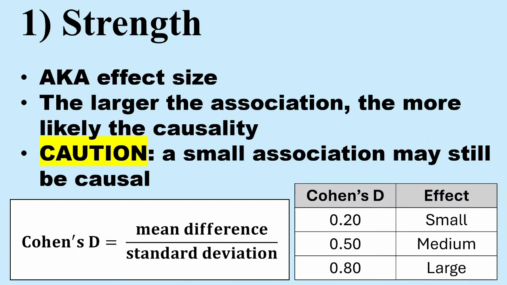A lot of times you calculate effect size for things like power analysis, to see how many samples you need to detect an effect if it's really there. Effect sizes can be small, medium, or large. And the larger the effect size, again, the more likely there is to be causality between something you see in the epidemiology, though not necessarily. But the greater the effect size lends more credibility.